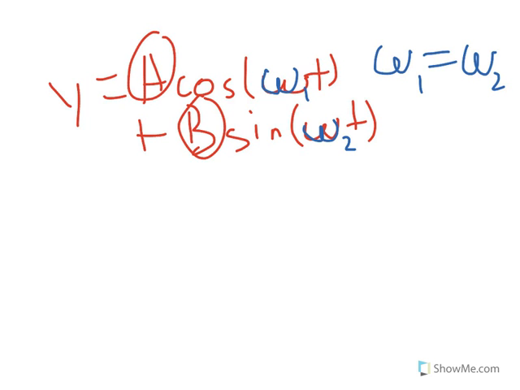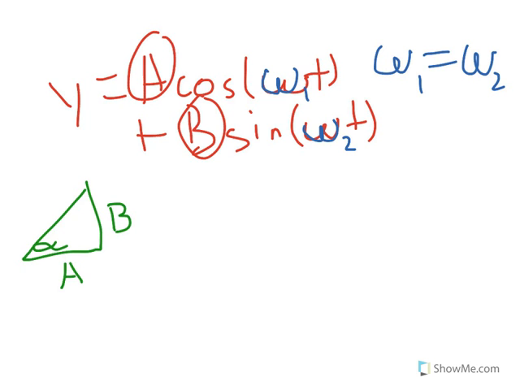To do this, we will create a right triangle. So we can make a right triangle like this. We'll call this side A for the cosine coefficient and this side B, and then there will be a phase change of alpha. If you've taken physics classes before, this technique should look pretty familiar to you.